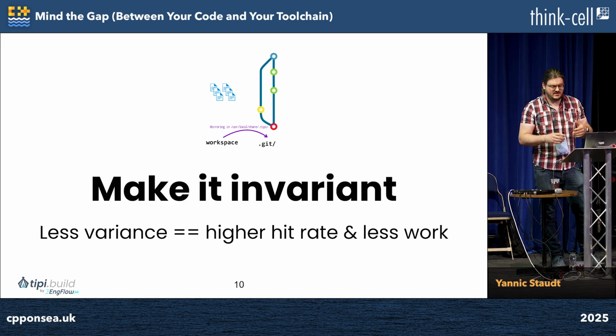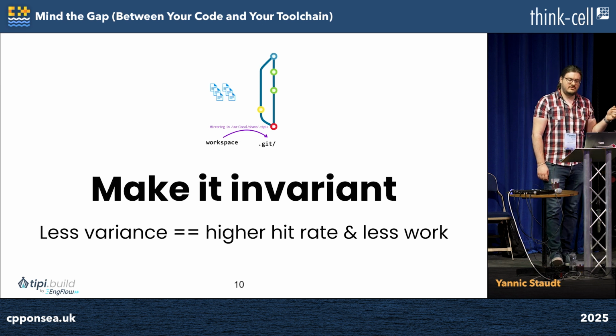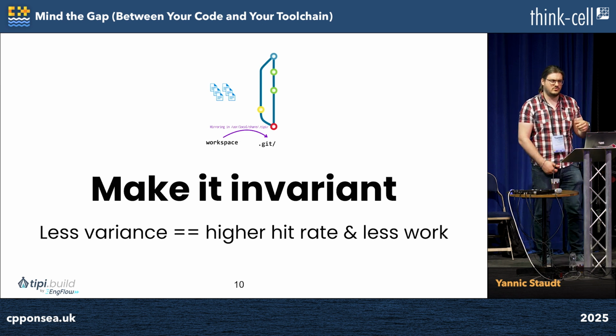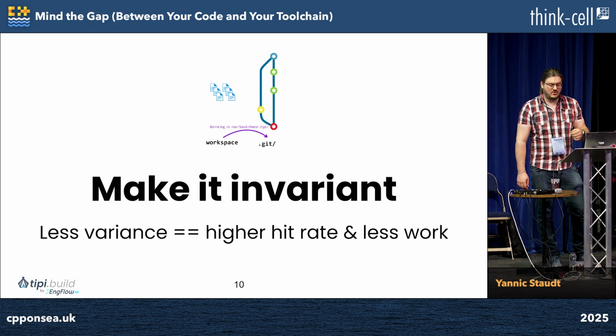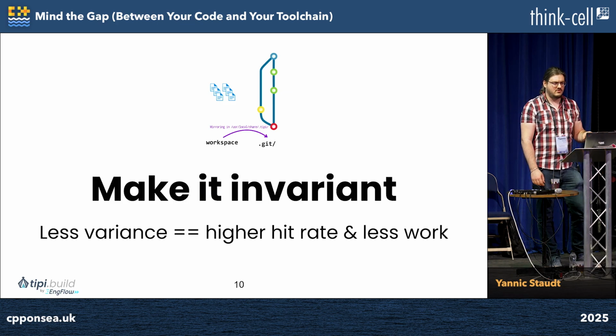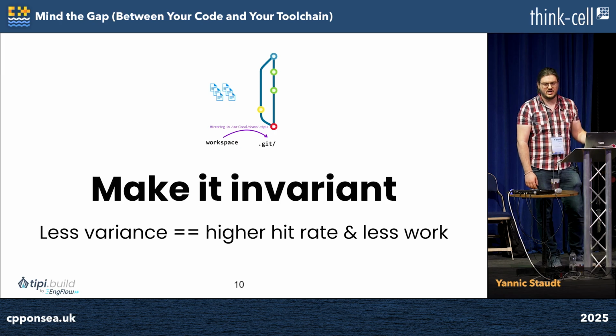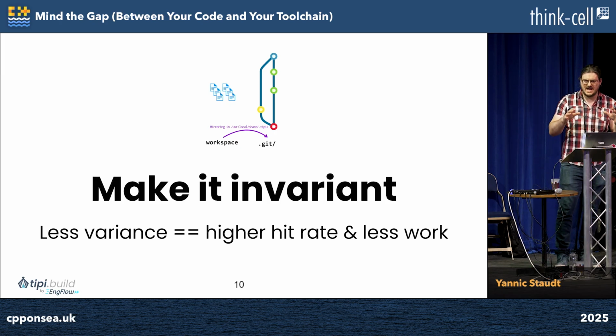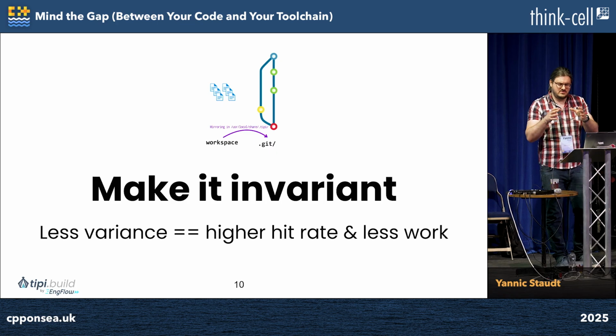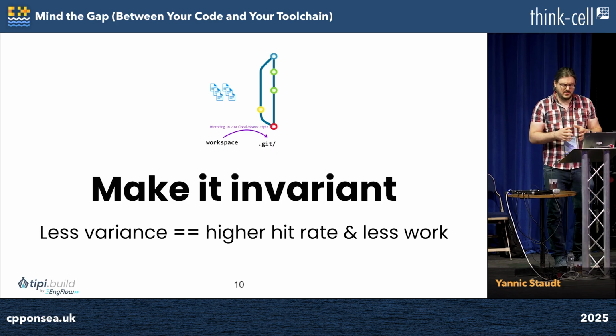So this ensures that the sources basically are at the exact same location for the build on everyone's computer. And this gives us a couple of benefits. It eases restoring the cache because you don't need to rewrite symbols and paths and stuff. And it also keeps everything always in the right place so that the rest of the toolchain, like your debugger and source code analysis, works just as is, because the things do not move between computers.